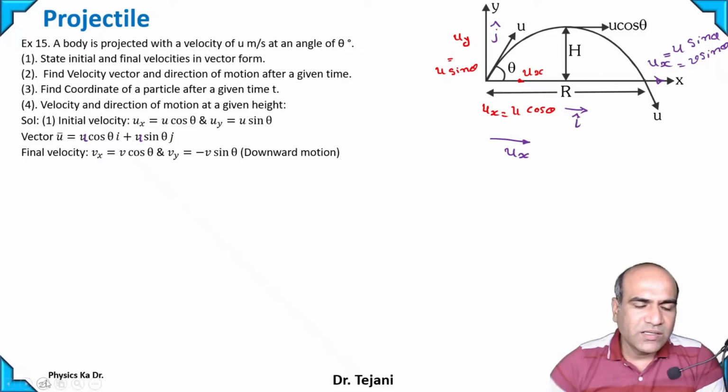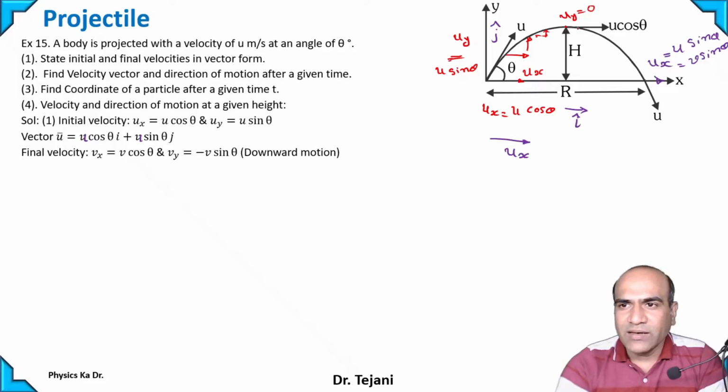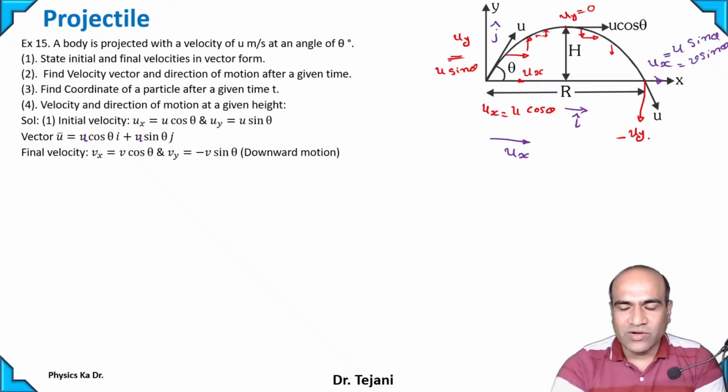But when we talk about the y component, initially the object is having in this direction ux and the vertical uy, and the y component decreases with time, and ultimately here uy becomes 0, and then uy becomes negative. It increases in the negative direction, and here the final component is like that, uy. It becomes negative.